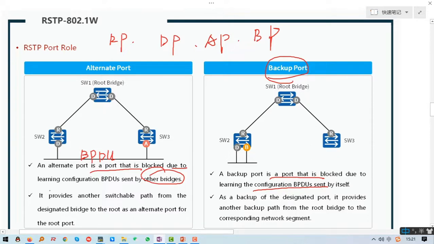And from the user traffic analysis, the alternate port provides another switchable path from the designated bridge to the root, as an alternate port for the root port. If the root port is destroyed, the switch can reach the root bridge through the alternate port. And a backup of the designated port provides another backup path from the root bridge to the corresponding network segment.